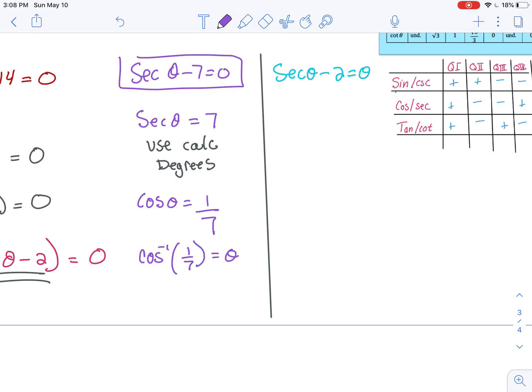If I do that, I'm going to go ahead, make sure I'm in degrees. 1 divided by 7 gives me 81.79. So theta is equal to 81.79.